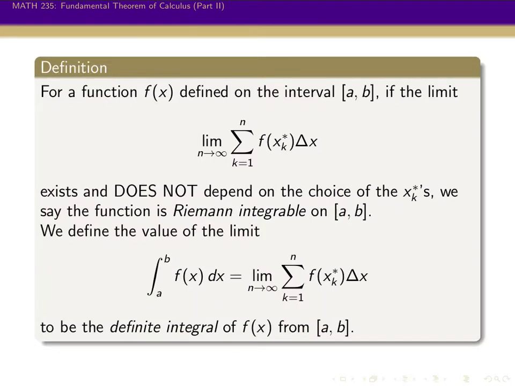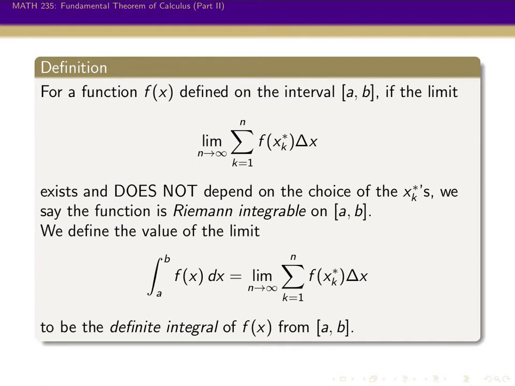So before we jump into that, let's review some definitions and facts that we proved in the last video. So we've been working with these Riemann sums, and if we can take the limit as n goes to infinity of these Riemann sums, and this limit makes sense, then we say that the function is Riemann integrable.